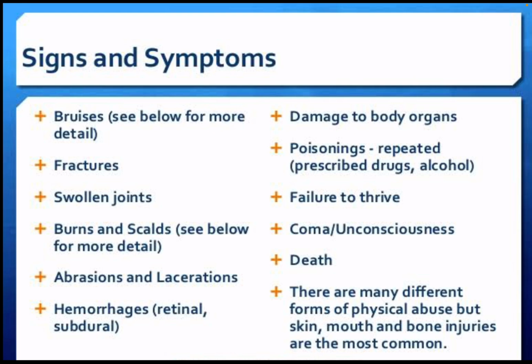You may see them in coma or in an unconscious condition. These things may lead to death. There are many different forms of physical abuse, but mostly skin, mouth, and bone injuries are noted. These are most common.